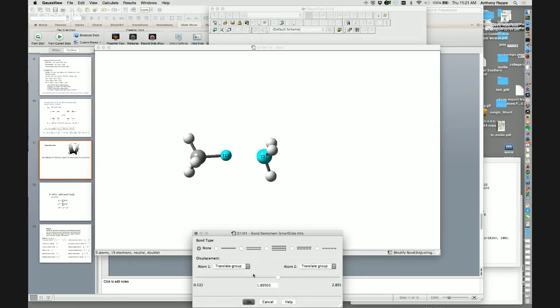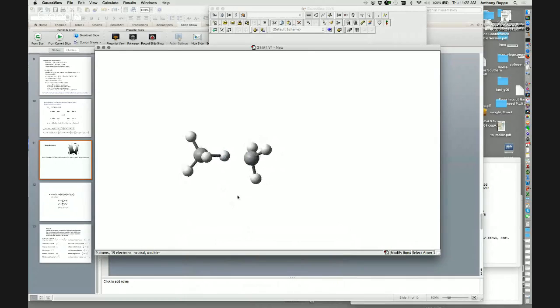Okay, so we can set that distance. So by turning on the distance tool in GaussView, we can set distances, and we don't want to let this one move because we already just set that to 1.4, and so we're going to fix that in, and the other end, we're going to bring that in because here we're taking methane plus methyl radical, it should be degenerate.